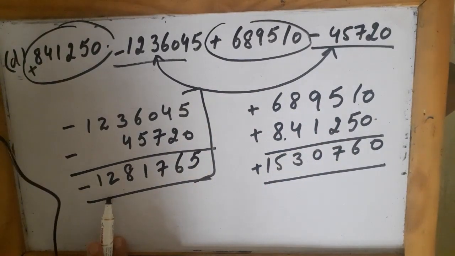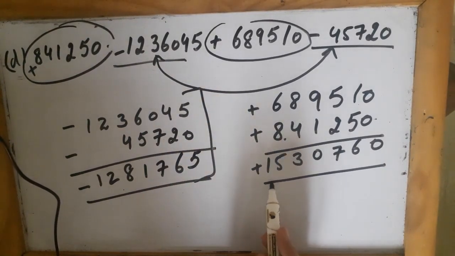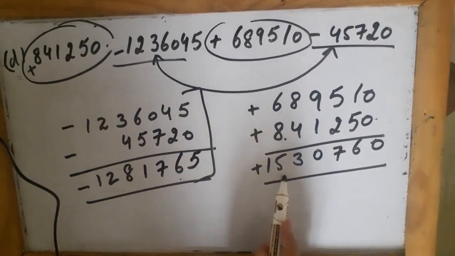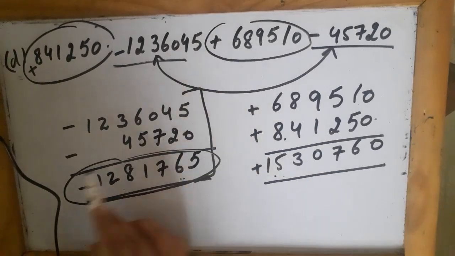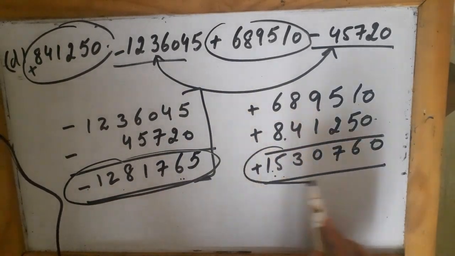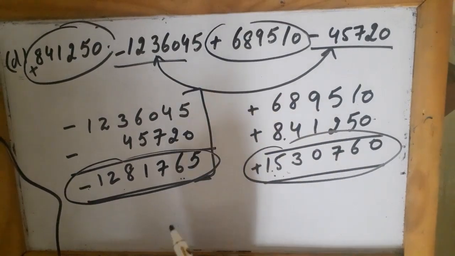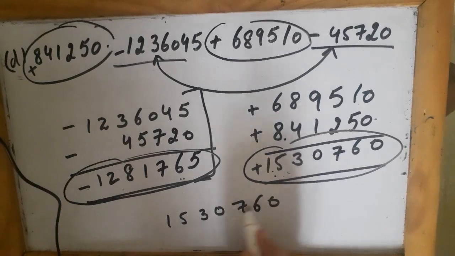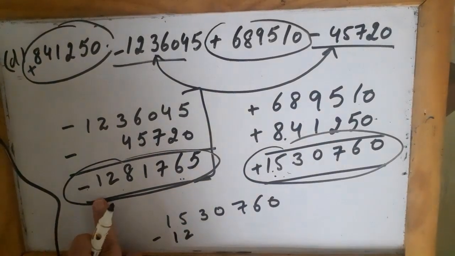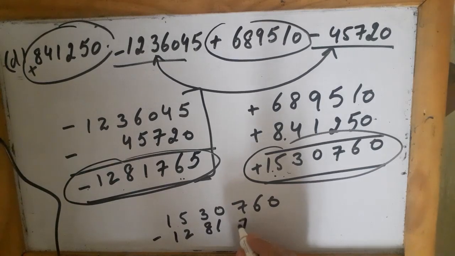Now one number I have negative and one number I have positive. So I will subtract both these numbers. Now this number is a negative number, and this number is a bigger number, so I'll keep it up and I will subtract this number from this number.